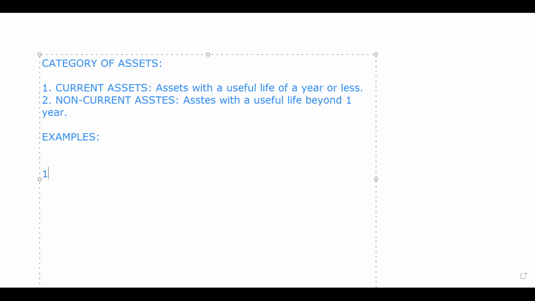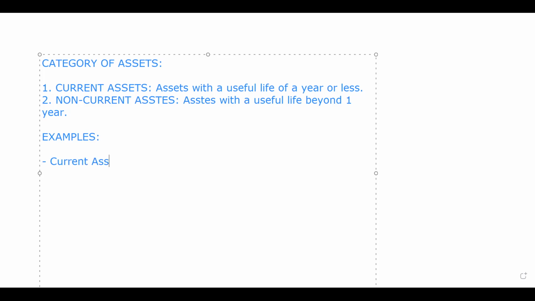So let's start with your current assets, all right? Can you give me examples of current assets that you know? Current assets that you know?